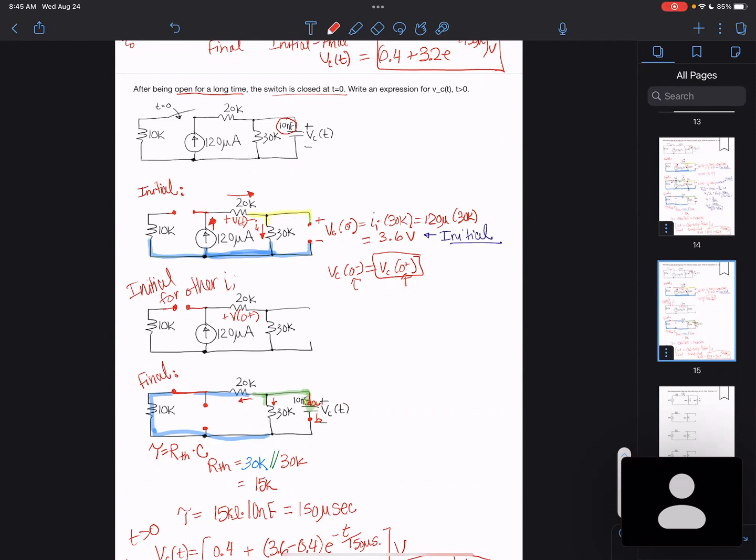So any other current or voltage in this circuit, I can still find this and describe it by these equations. The extra step here is that I have to replace it now with a voltage source of that initial value that we found for the capacitor, because the capacitor is the only element that can't change instantaneously.